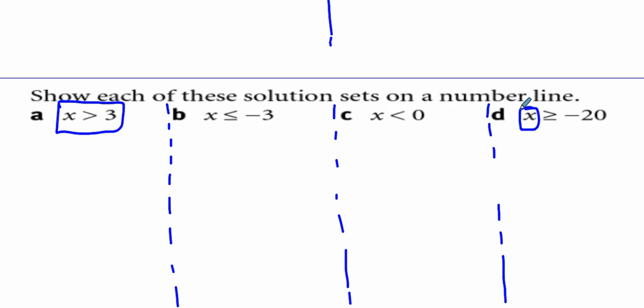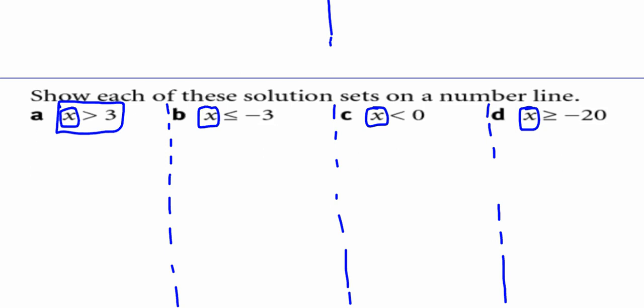Remember what I said? I said, and I quote myself, x stands for any number. Okay. Now the question is, show each of these solution sets on a number line.